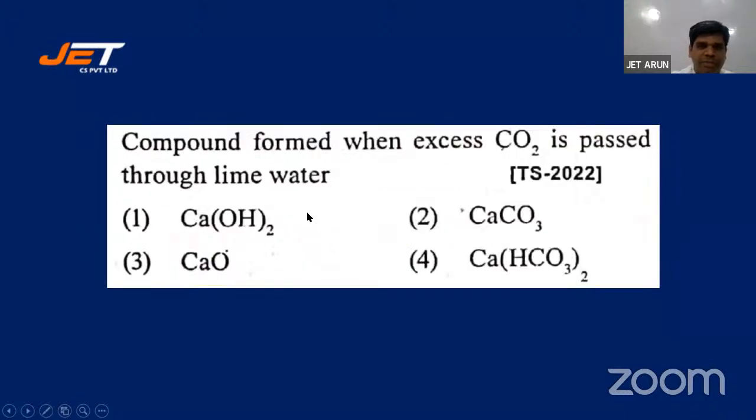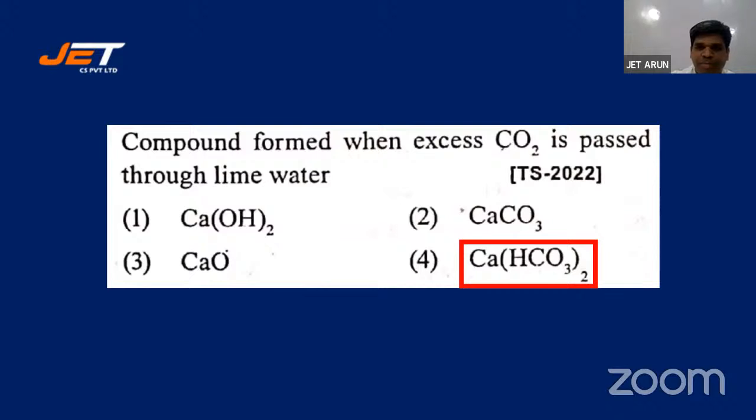All right. Next one. Compound formed when excess CO2 is passed through lime water. When you pass CO2 through lime water, not just a limited amount, but excess CO2, what happens? Let's see.